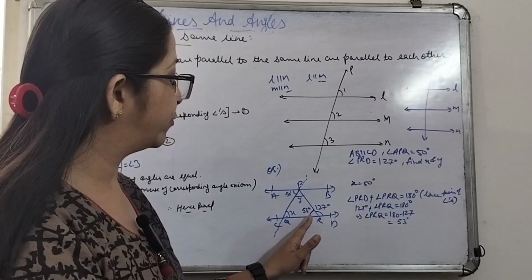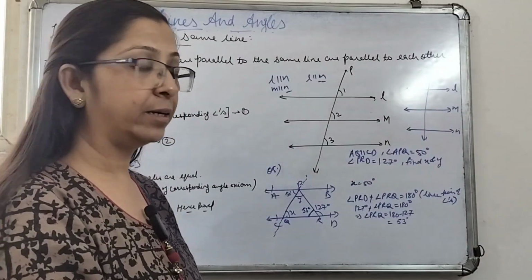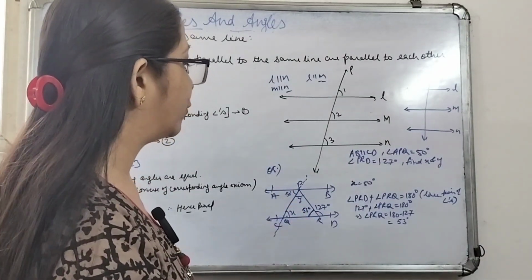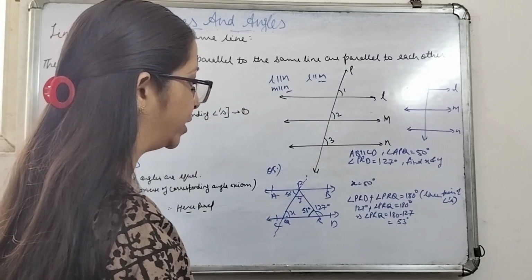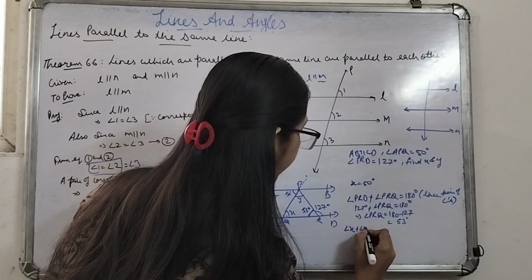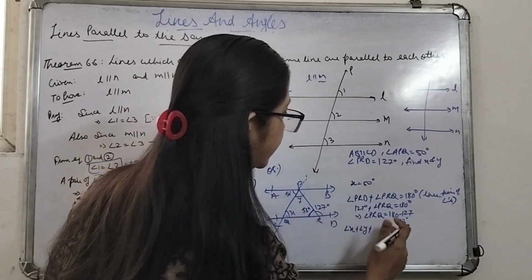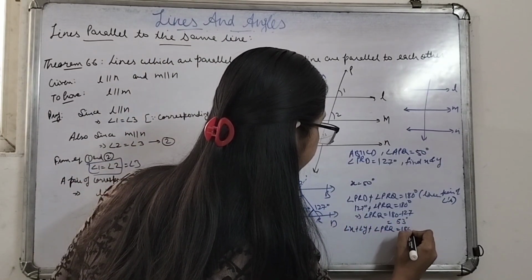Now if this is 53 degrees, we know that PQR is a triangle and the sum of all the angles of a triangle is 180 degrees. So we can find the value of y from here. So angle x plus angle y plus angle PRQ will be 180 degrees.